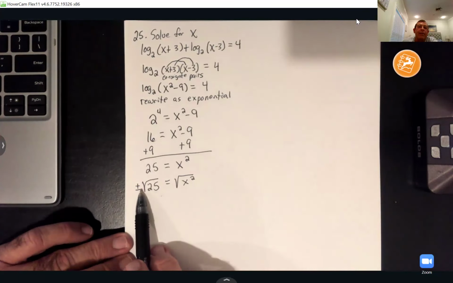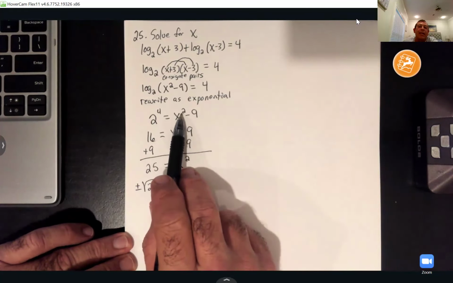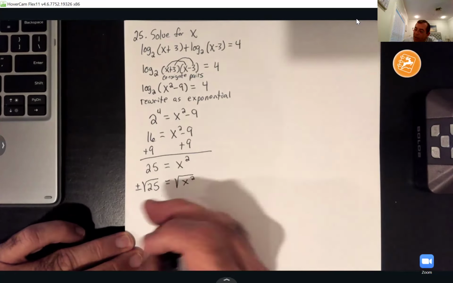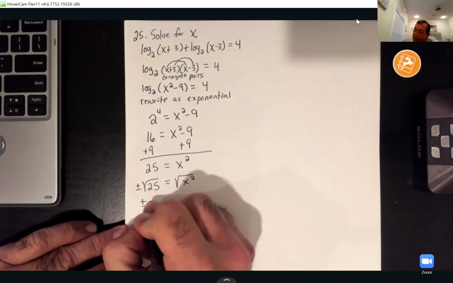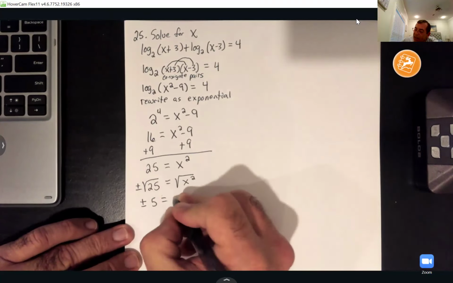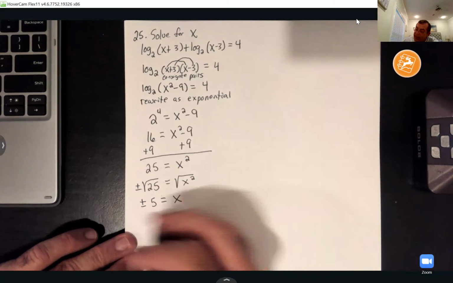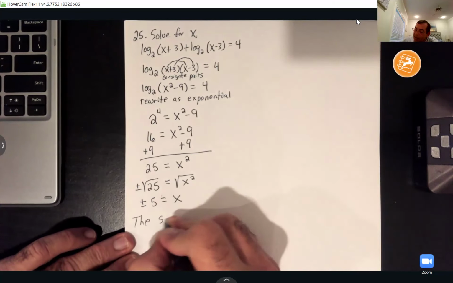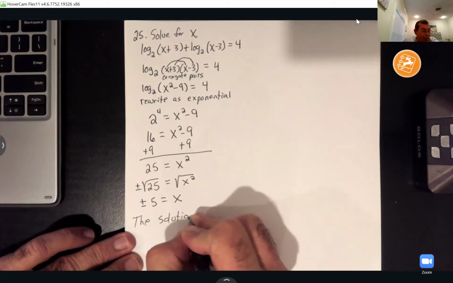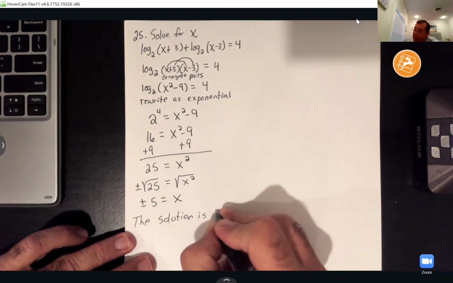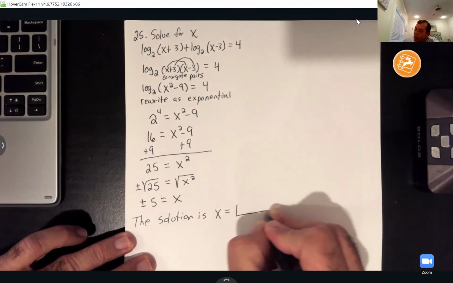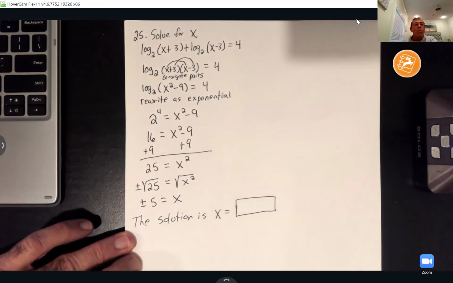Now, technically, you're going to get 2 answers because of that exponent 2. So y'all, the square root of 25, that'll give me a plus or minus 5 equal to my x. But remember, the solution is x equals what?